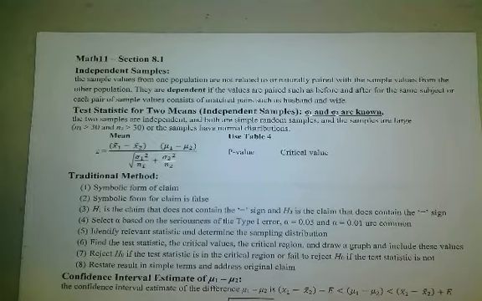After we find the test statistic, the critical values, and the critical region, we draw a graph. It kind of helps us visualize where things are, but the bottom line is we reject the null hypothesis if the test statistic is in the critical region, or we fail to reject the null hypothesis if the test statistic is not. What it comes down to is we're going to have, in this case, two z-scores, one for the test statistic, one for the critical value, which is based off of alpha.